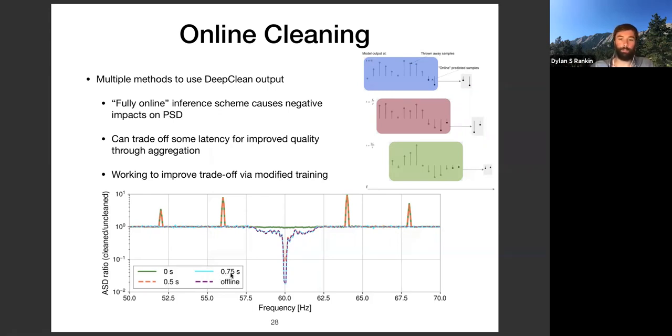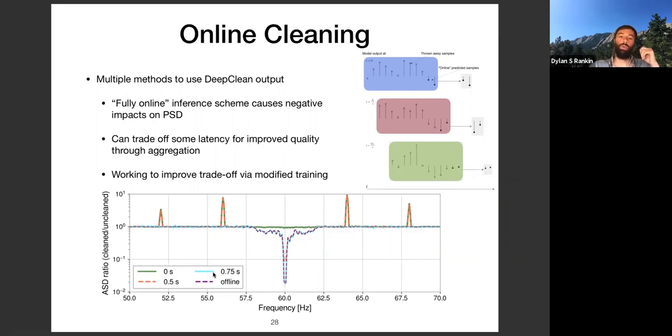And you can see that once you get to 0.75 seconds, you can almost exactly reproduce what we call the offline case, which is where you take every single deep clean estimate possible on a given time sample and use that for the noise estimate.